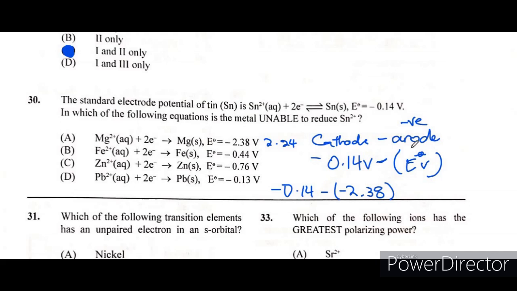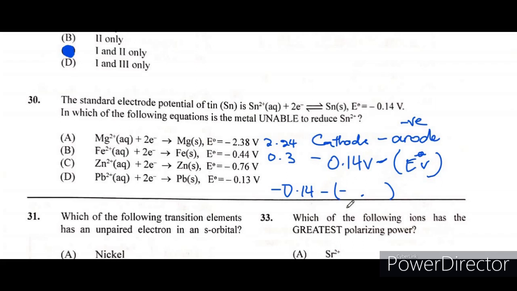Therefore, magnesium metal will be able to reduce the tin metal. Now let's try the other E0 value. Minus 0.14 is the same principle. Minus negative 0.44. That gives me 0.3. It is a positive E0 value. Therefore, the reaction is feasible. Iron metal will be able to reduce the tin metal.